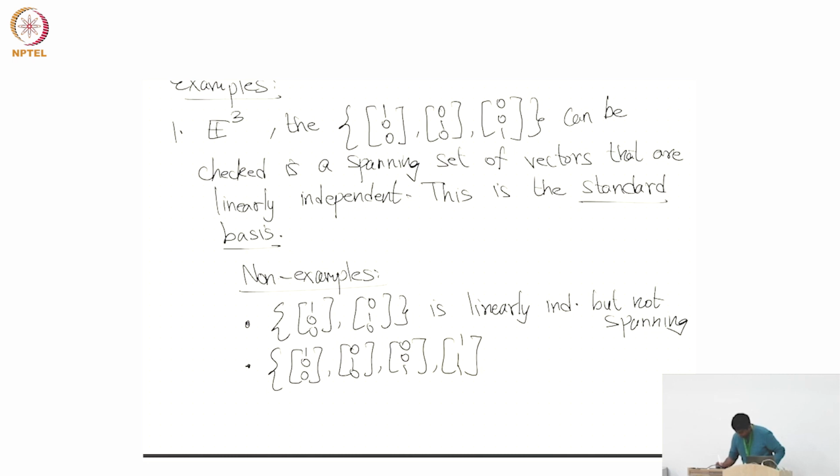With something else added, with another vector added, let's say, it is spanning but not linearly independent. Thus, neither is a basis.